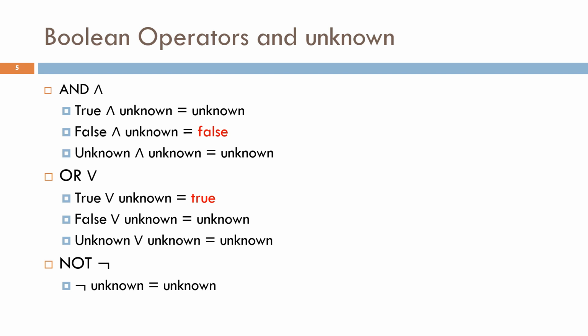Lastly, let's discuss the NOT operator, denoted by this symbol. When we apply NOT to an unknown value, the result is, you can guess it, unknown. This is because negating an unknown value doesn't provide us with any new information about its truth or falsehood.